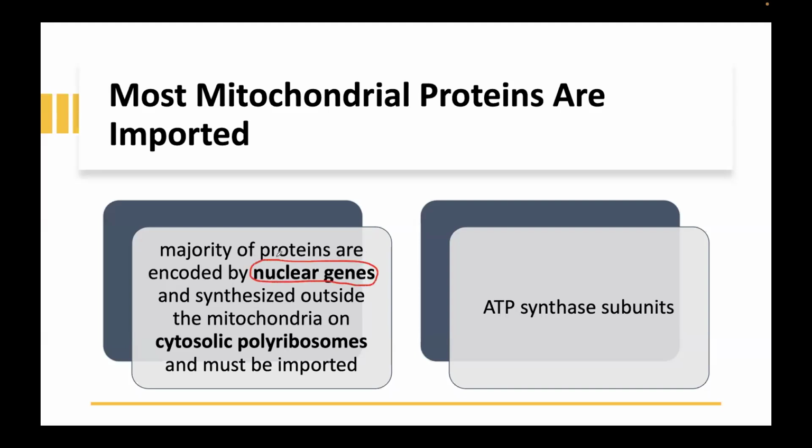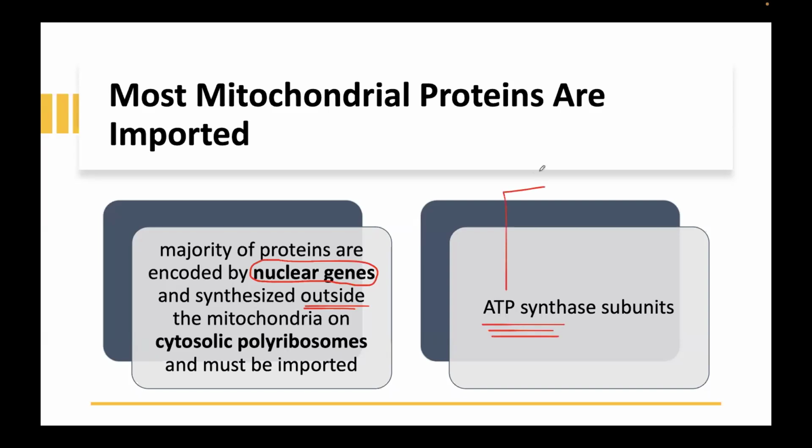So encoding is done by nuclear genes, and they are actually synthesized outside of the mitochondria, and they are imported. Of all of the mitochondrial proteins, the one that I'm going to bet my license can pop out in an exam are the subunits of ATP synthase.